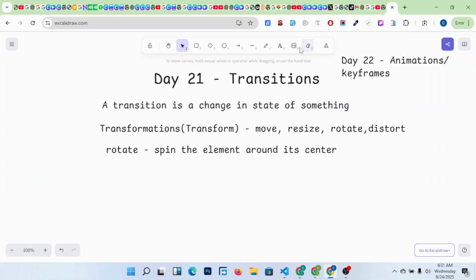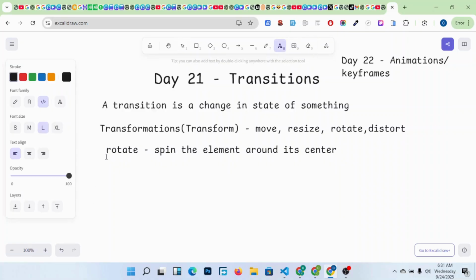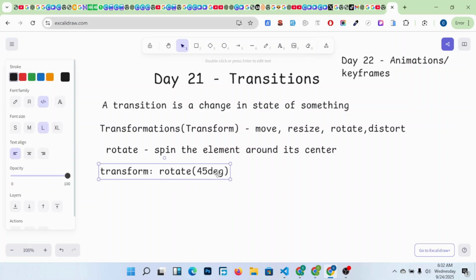So when I come here and say, for example, transform rotate, and I say here 45 degrees. This one here means that it's going to rotate.